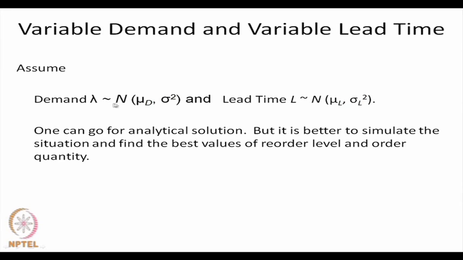That is what we are writing here. The demand follows normal distribution with mean mu d and variance sigma square, and the lead time L also follows a normal distribution with mean mu L and variance sigma square L. One can go for analytical solution, but one can also go for simulation.